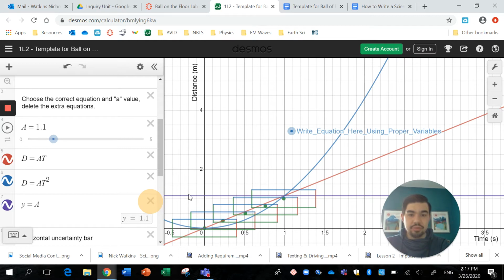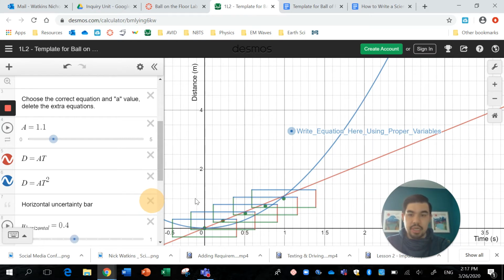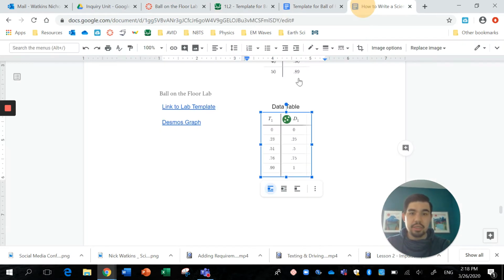I see that this purple horizontal line, where it says y equals A, is also not fitting my data set, so I can get rid of that. It's not really between these two. I have this red line, D equals AT. If I remember from my different patterns, I can go back to my guide here.